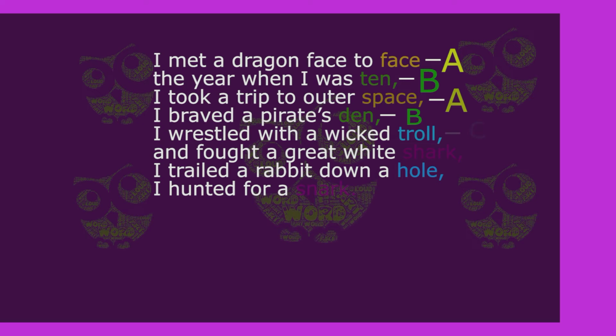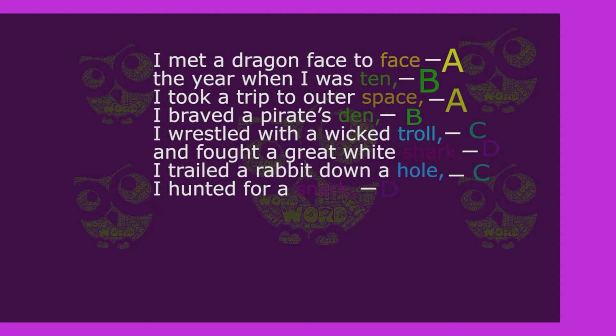So it will be C. Shark does not rhyme with troll, but hole does. So hole is also C. And shark is a new rhyme and will be D. And snark rhymes with shark, so it will also be a D.